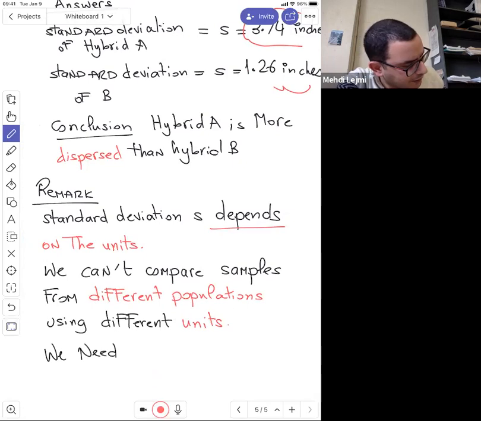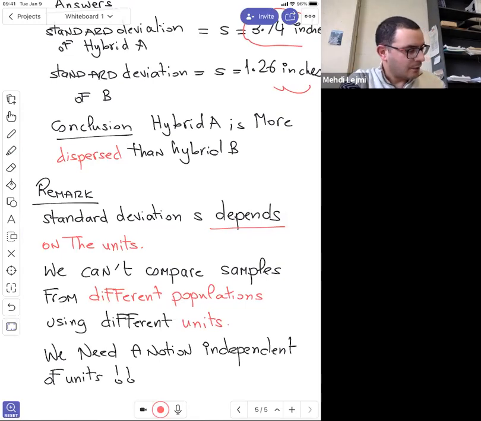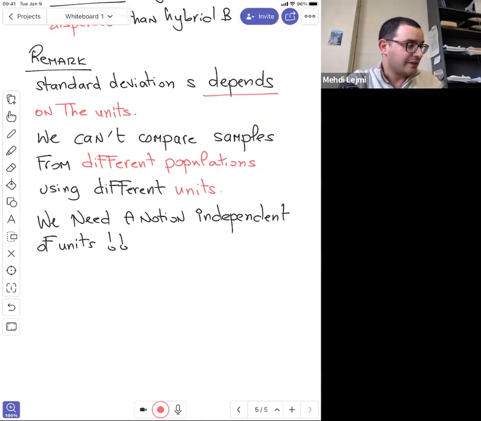So we need a notion independent of units, and that's exactly what the coefficient of variation does.